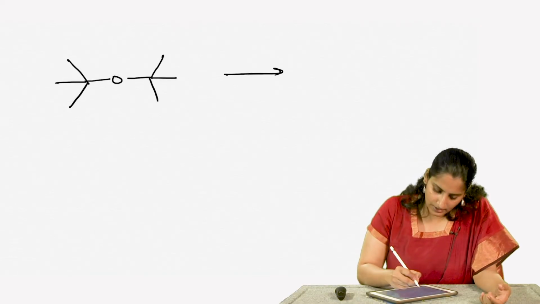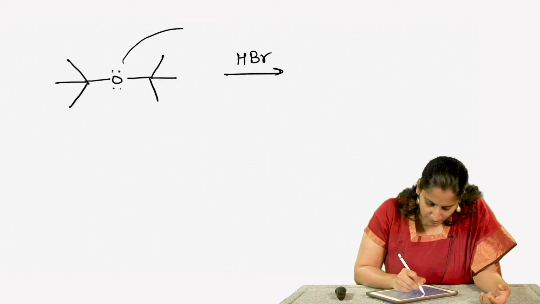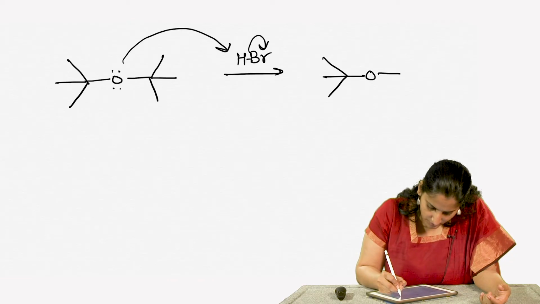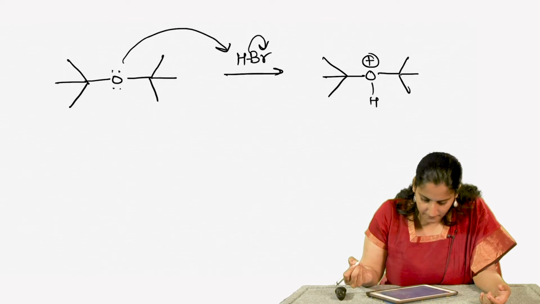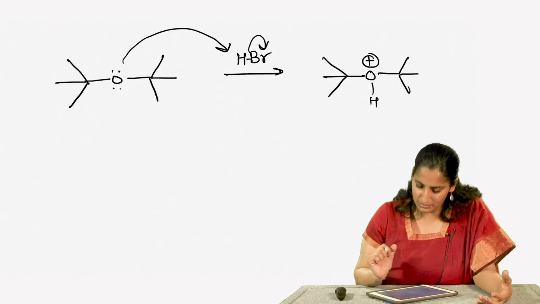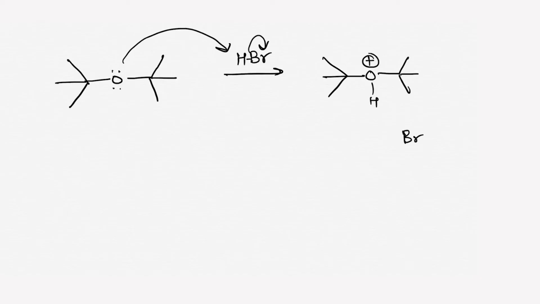If I take this ether and react it with HBr, again the first step will be protonating the oxygen, which is an acid base step. Now, the bromide cannot really attack, because the bromide has to attack in an SN2 manner. What we have are two tertiary carbons, so the bromide cannot attack in an SN2 manner.